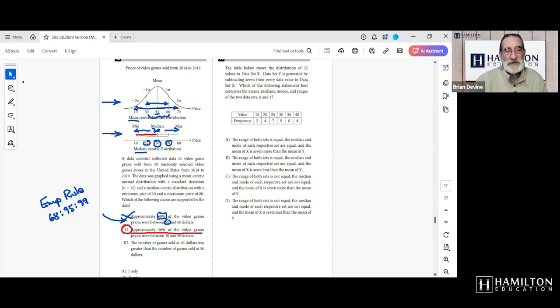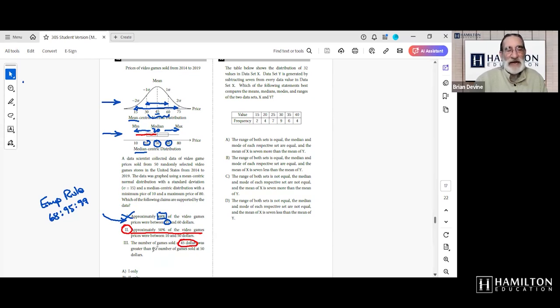We can infer that. For number three, the number of games sold at $45 was greater than the number of games sold at $50. Well, we can't necessarily say that. We do know that according to the normal distribution, the average price was 45.